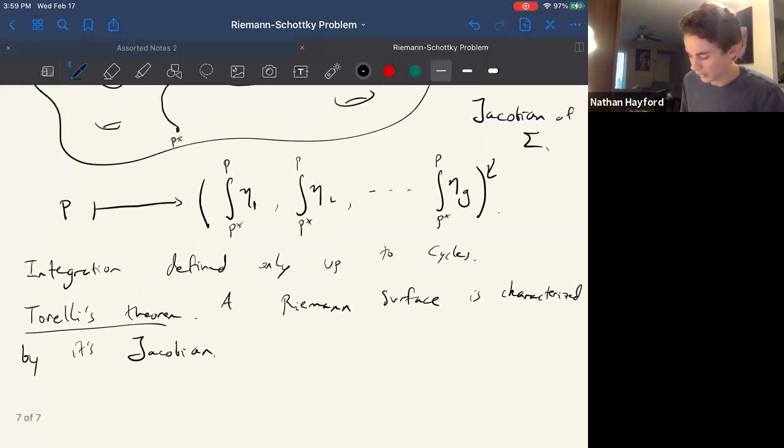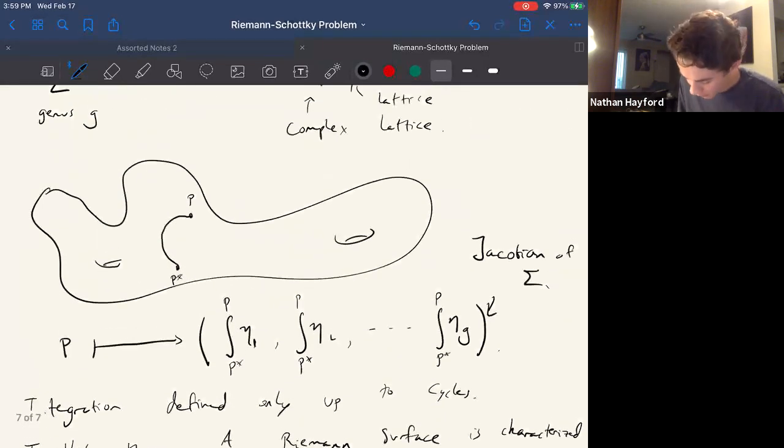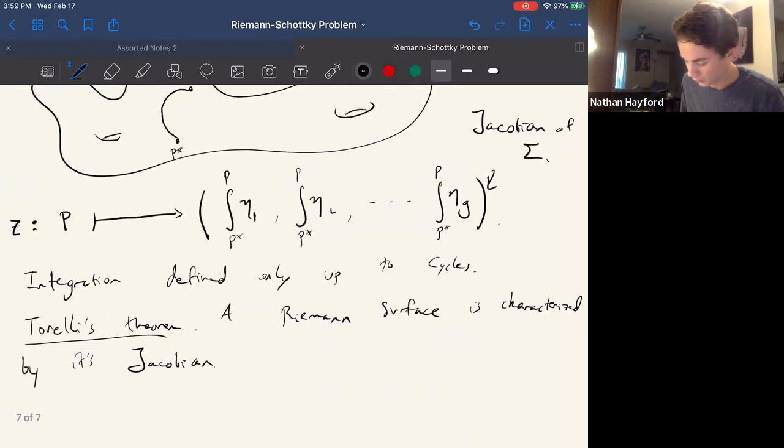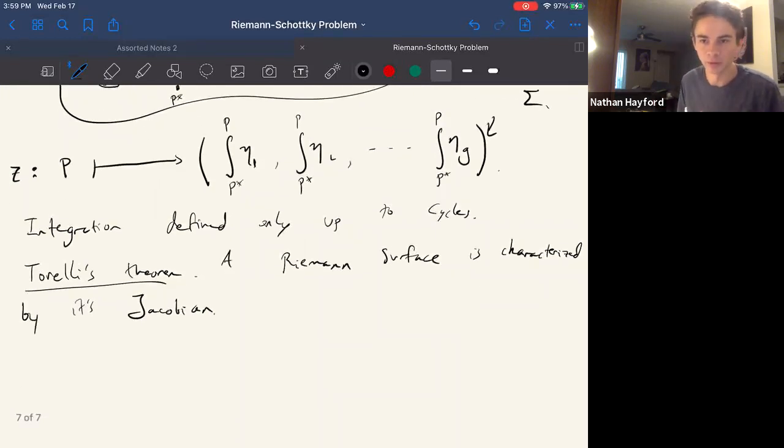So now that we have this nice embedding, and I'll call this map maybe Z for fun. Now that I have this nice embedding of the Riemann surface into this torus, I can essentially just look for functions on this torus and then try to write down functions on this surface using this map.